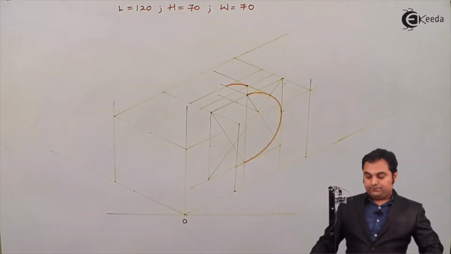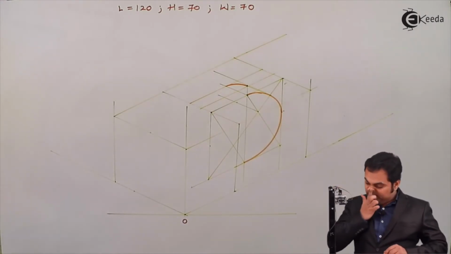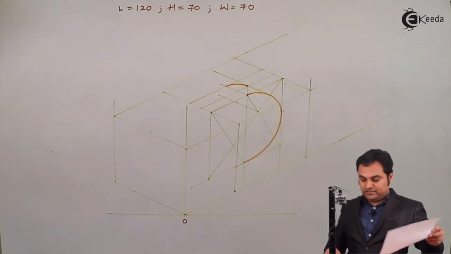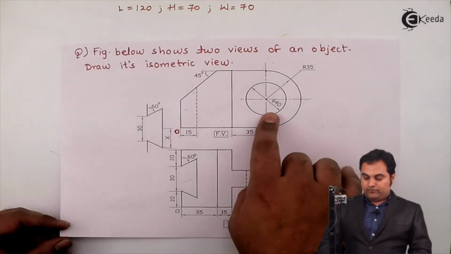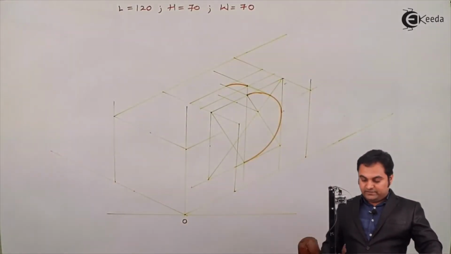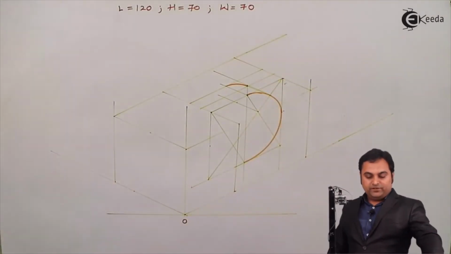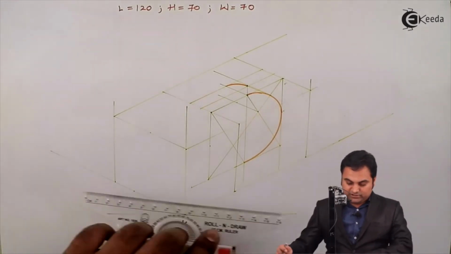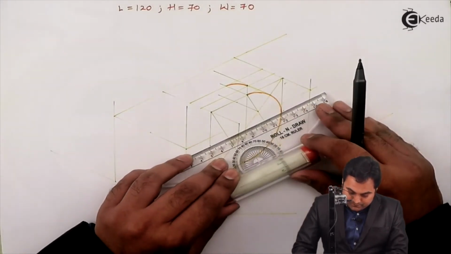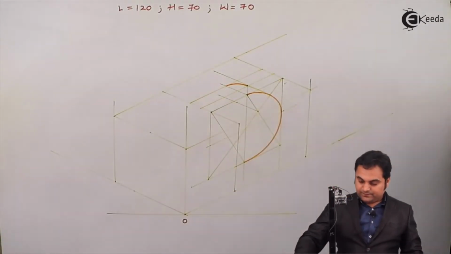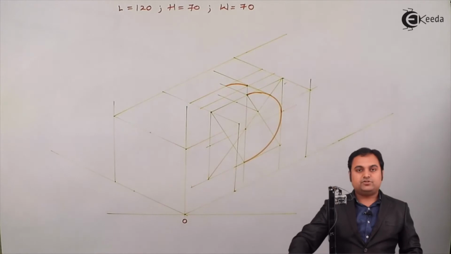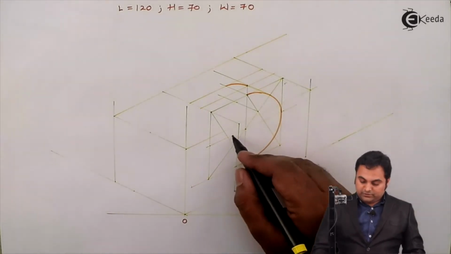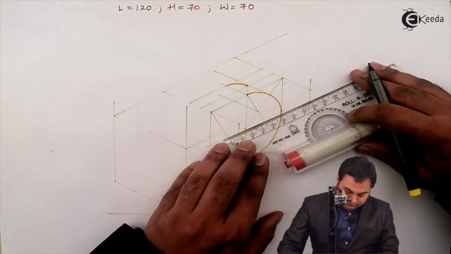After that, once I have drawn the semicircle, next inside this semicircle there is another circle of 40 mm diameter. For that, the first thing should be, we need to get the center of this parallelogram, because center of both circle and semicircle are same. Getting the center here. Now since the diameter is 40 mm, I'll mark 20-20 on both sides.